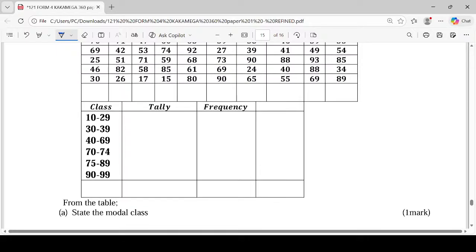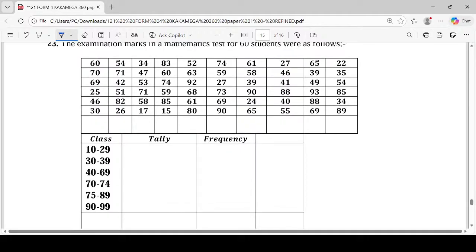From 10 to 29, the tally here. Let us see. 1, 2, 3, 4, 5, 6, 7, 8.